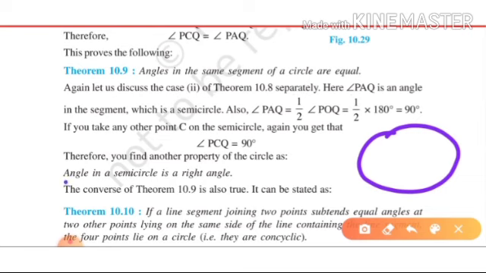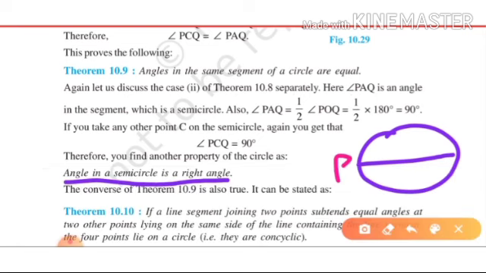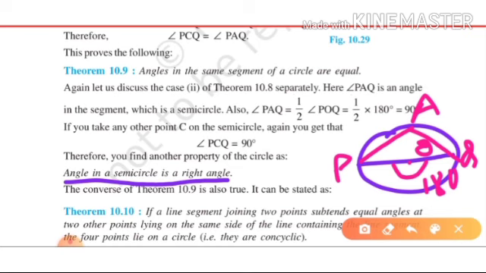the angle in a semicircle is a right angle. Now if you take PQ as a chord and it passes through the center O, then this will be a line, that is 180 degrees. If you take another point A on the circle, then this angle will be half of the angle POQ.